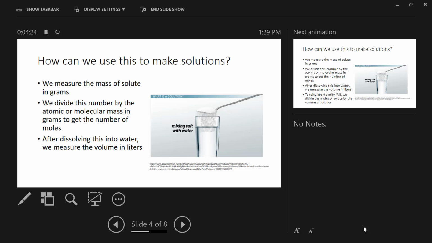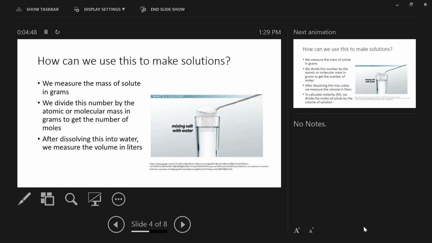After dissolving this salt in the water, we'll measure the volume of that solution. Okay? Why would we do this after dissolving the salt in the water? True or false? Salt takes up space. True. So true or false?